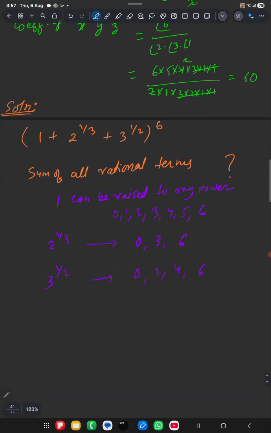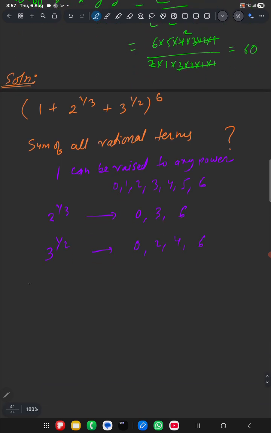Clear? So we'll just find the combinations for 1, 2 to the power 1 by 3 and 3 to the power 1 by 2.